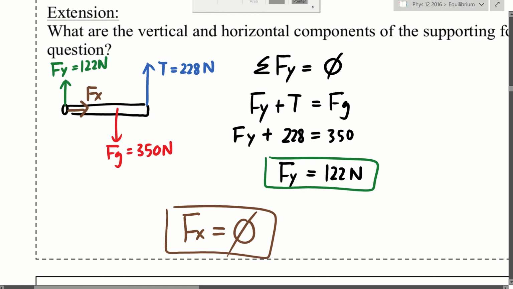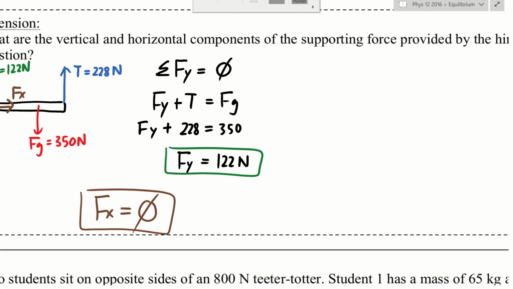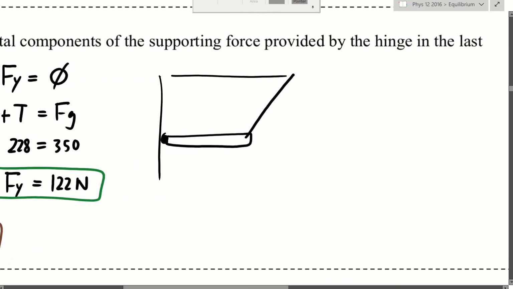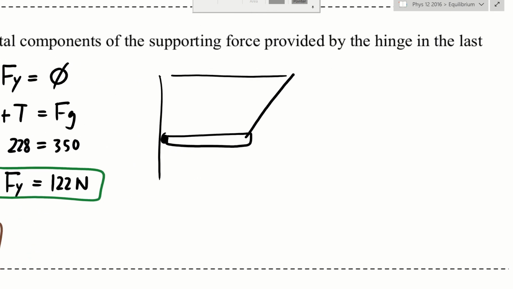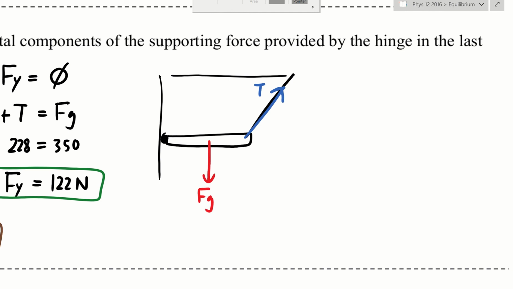Now, this is going to be comparing to what we do next day. What we do next class, continuing in this last section of the topic, is going to have an object so that the wire is attached this way. So instead of attaching directly vertically to the wall, it is attached at an angle. In that situation, your tension will be at an angle, and then force of gravity, for example, right in the middle, and then you will have the hinge.